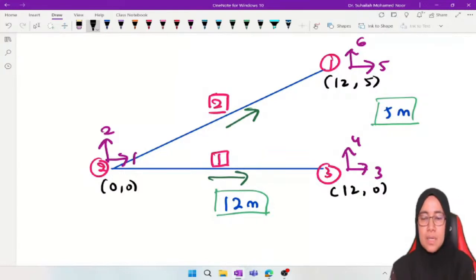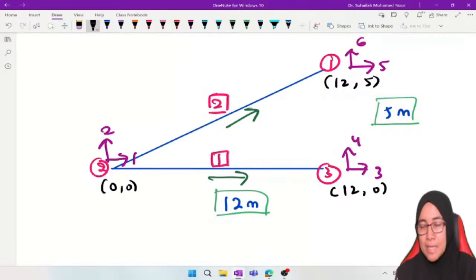So these are all 5 items that we have to put before we start the next step, which is to establish the element stiffness matrix.